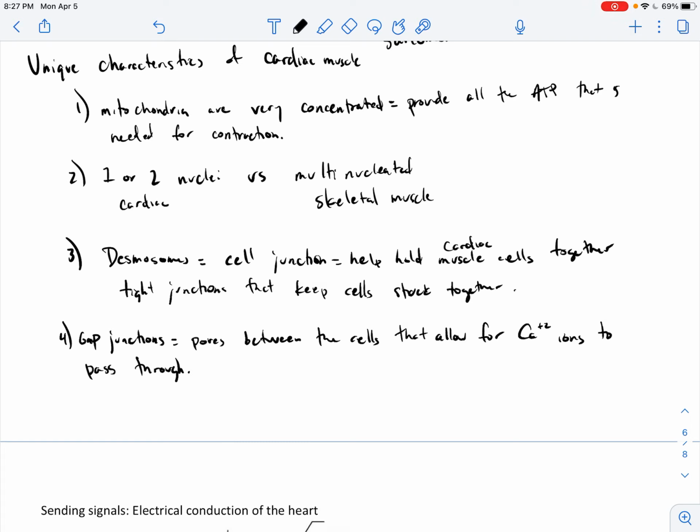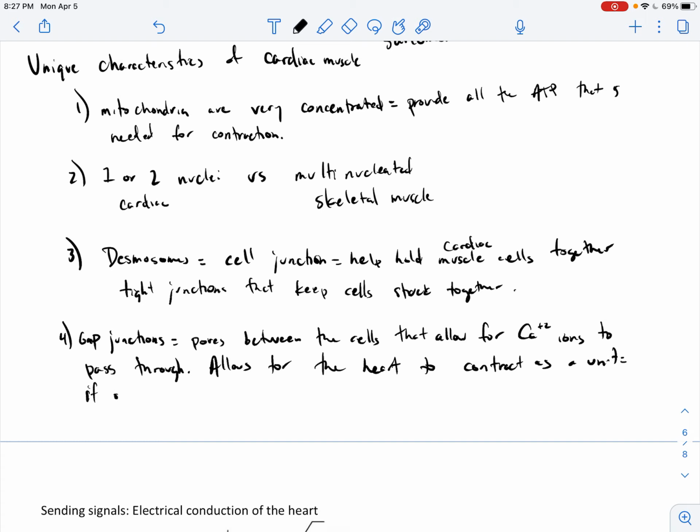Well, what this allows for, letting calcium ions pass through, is for the heart to contract as a unit.